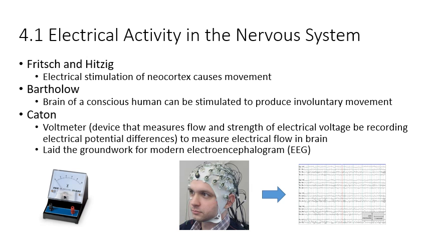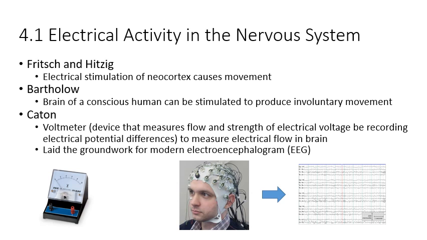A little bit after this, Fritsch and Hitzig showed that electrical stimulation of the neocortex can cause movement, and they showed this in animals. And after that, Bartholow showed that the brain of a conscious human can be stimulated to produce involuntary movement. He showed this during surgery of a live person.